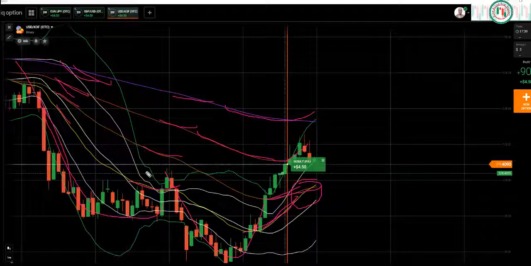So that's why, even though here you see is a sellers area, this is the sellers area, but because of this changing of direction and breakout of 20 and 50 EMA and momentum, you see buyers. So that's why I know buyers must go more up. That's why I place my trade, call option here.